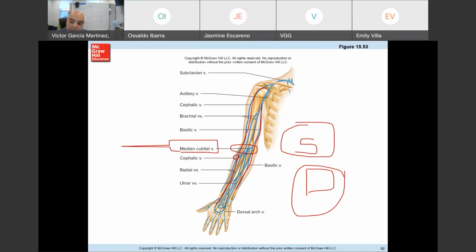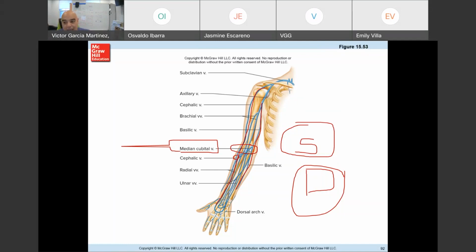Then again, for the upper limb you have two systems. One is deeper, the other is superficial. For the deeper one, you have the same names you have for arteries. You have radial artery, ulnar artery, brachial artery, and you have radial vein, ulnar vein, brachial vein, and you have axillary vein and subclavian vein.